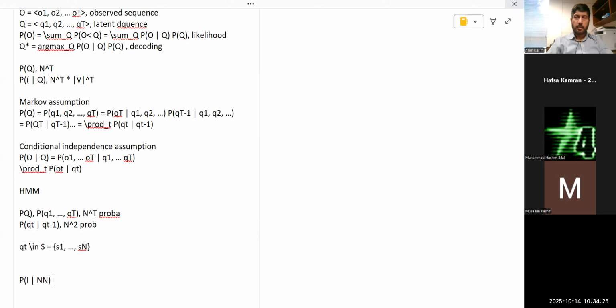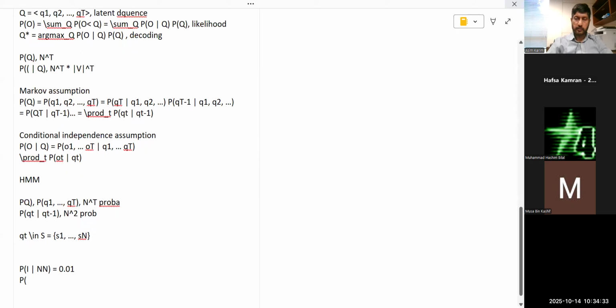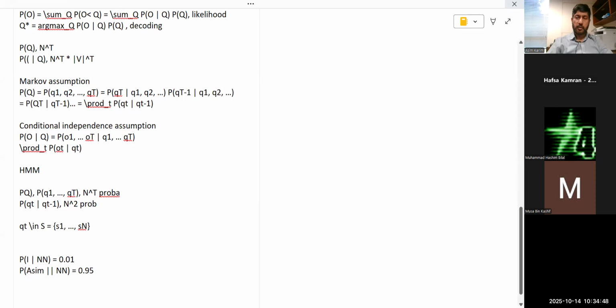The word I given noun, what would it be? This is telling us. So usually I is not a noun, so this should be a very small number. But on the other hand, probability of, let's say, my name Asim given noun, this should be high because Asim is a noun. So this should be 0.95, for example. So these are the probabilities that are represented by the matrix B.